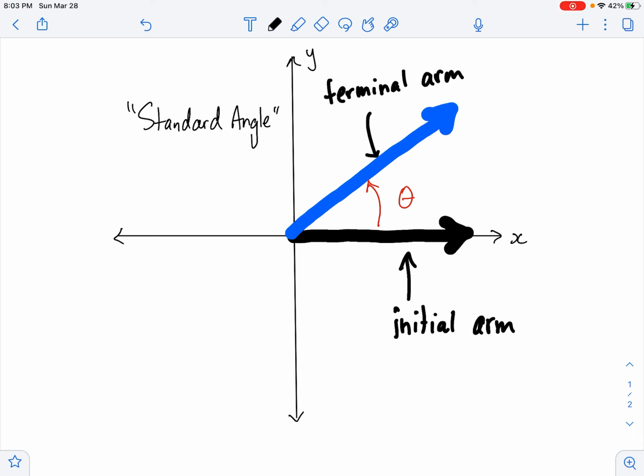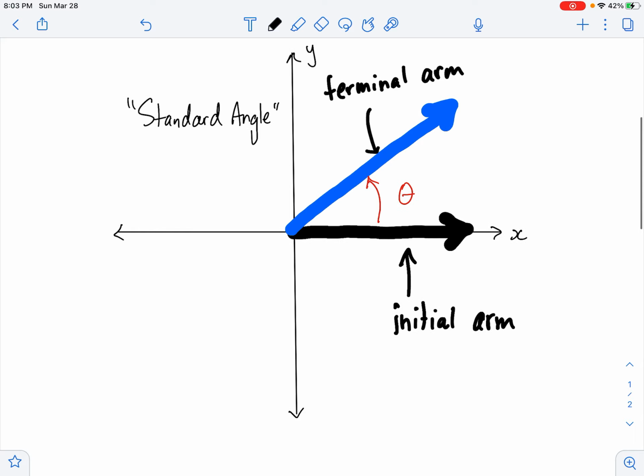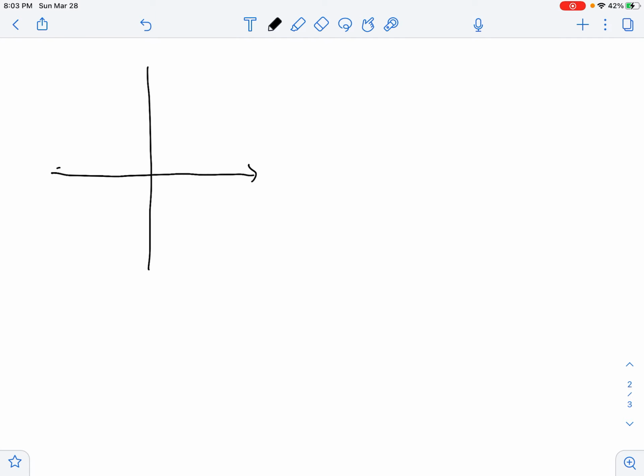Now, having said that, any angle, like an angle in a triangle, you could draw a triangle on this set of axes. So I could draw, if I had my set of axes like this, and I drew a triangle right there, like a right angle triangle, well, that theta right there, that angle of that triangle would be considered a standard angle.